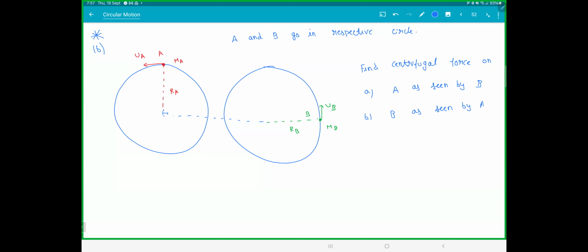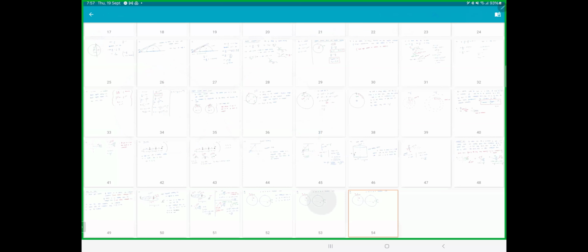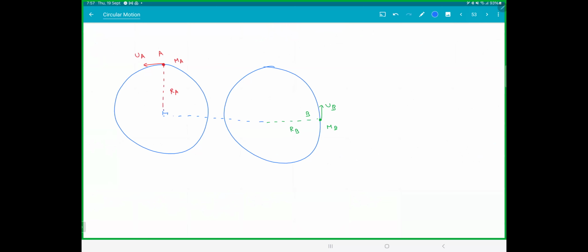Let me show you. See, again, don't get into the confusion of a centrifugal force. Just forget about it. What is centrifugal force? Pseudo force, no? So what I'm asking here is, first let's find A as seen by B. So who is the observer?